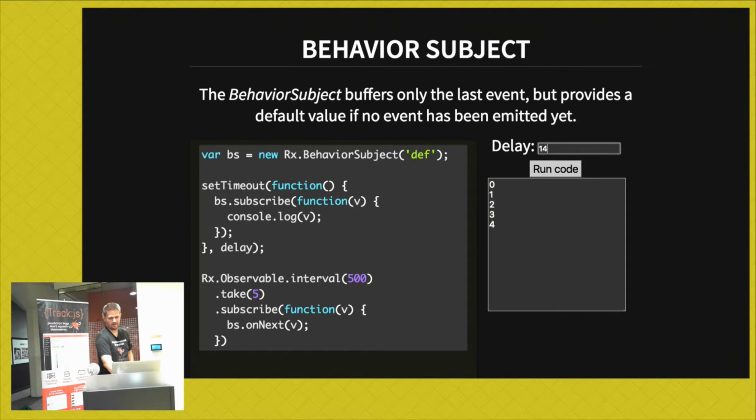Now let's say I'm delaying by 1400, so 2 will have passed. 1400 is our delay, 1500 is the next event, so you should see the 1, 2 really fast, and then it goes into 3, 4, 5. So again, you're reaching back, but you can provide a default value. Sometimes you don't want to divide by 0, or you always want to have a value. That's how you would do it.